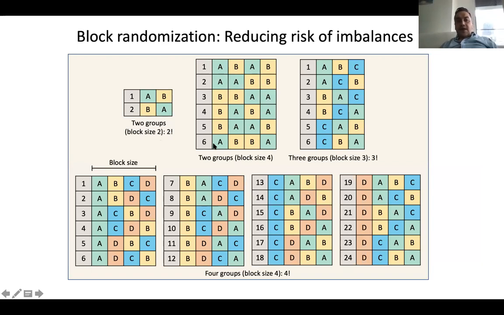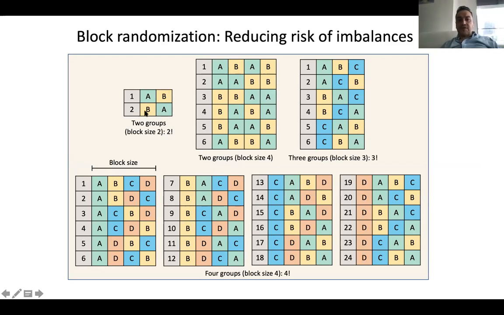And then what happens if you have two groups, as in many clinical trials, but you choose a block size of 4? It's going to be more difficult to guess the next allocation, because there are going to be 6 possibilities.